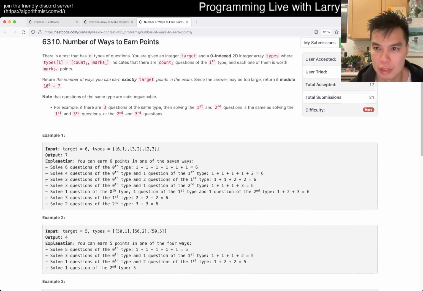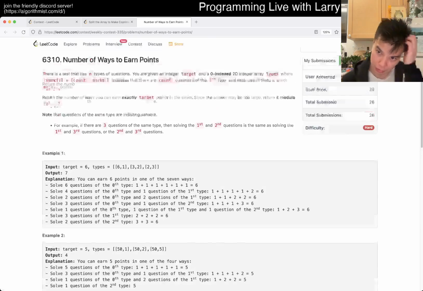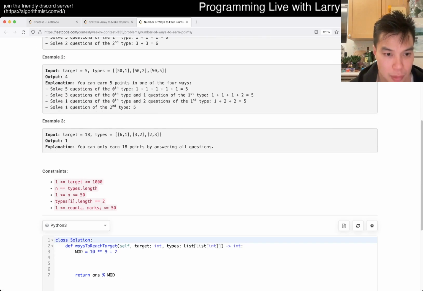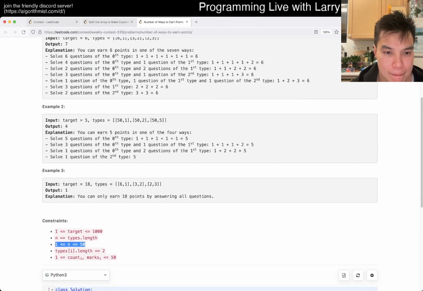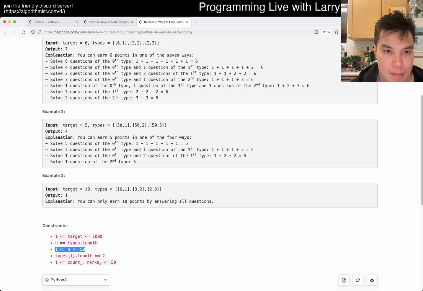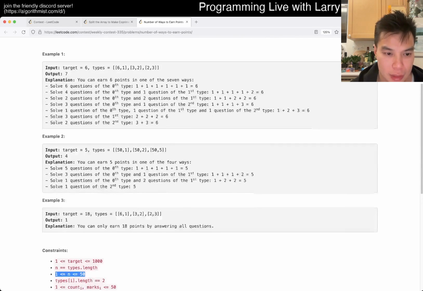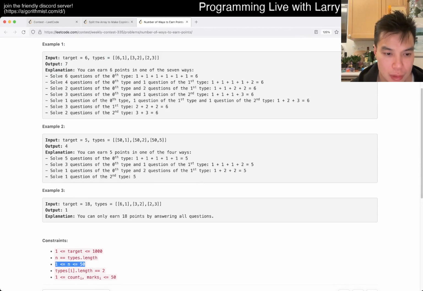I mean, in theory, this is just recursion. But what are the constraints? N is 50. What is n? N is number of types. Why don't they just say that?